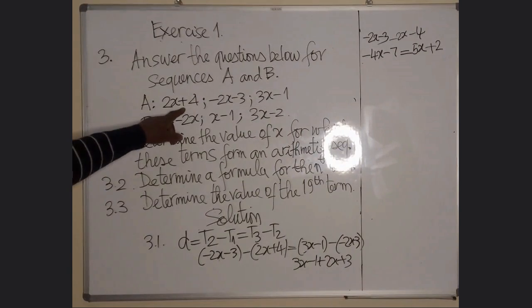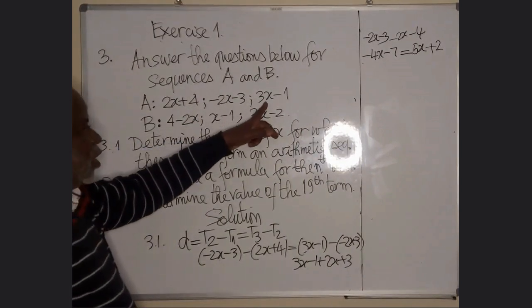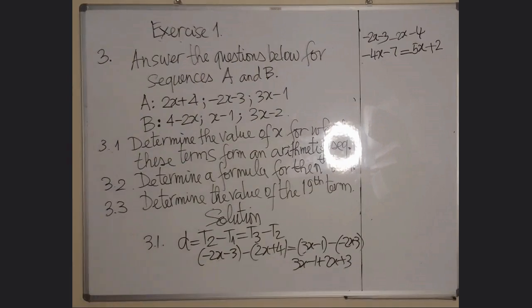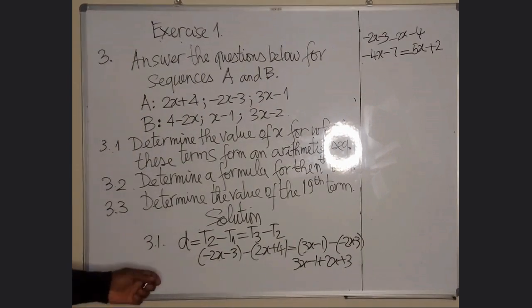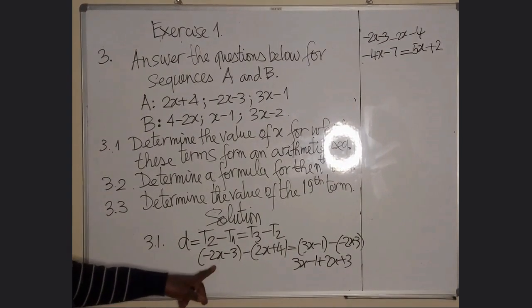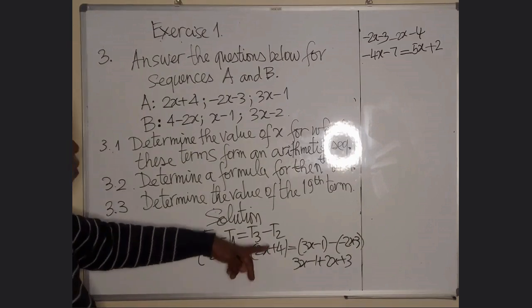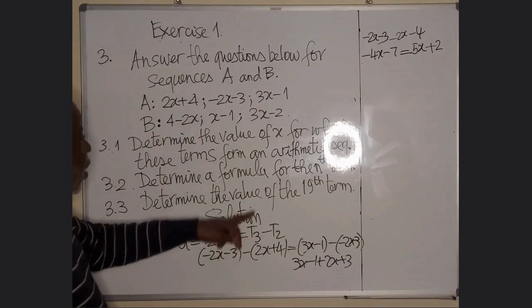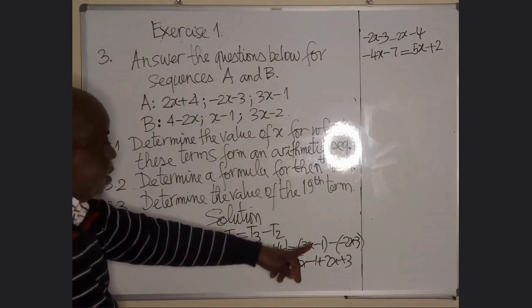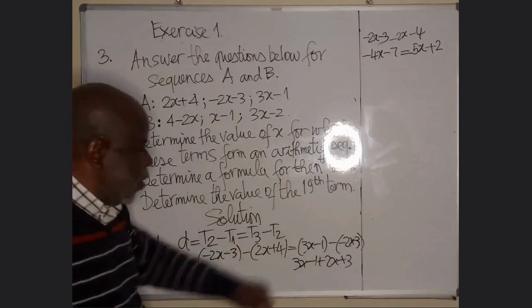T1 is 2x plus 4, T2 is minus 2x minus 3, T3 is 3x minus 1. So make sure we double check. T2, minus 2x minus 3, minus T1, 2x plus 4, is going to be equal to T3, 3x minus 1, minus T2, minus 2x minus 3.